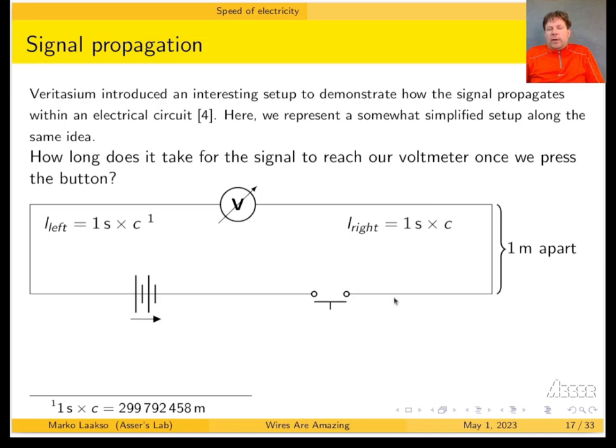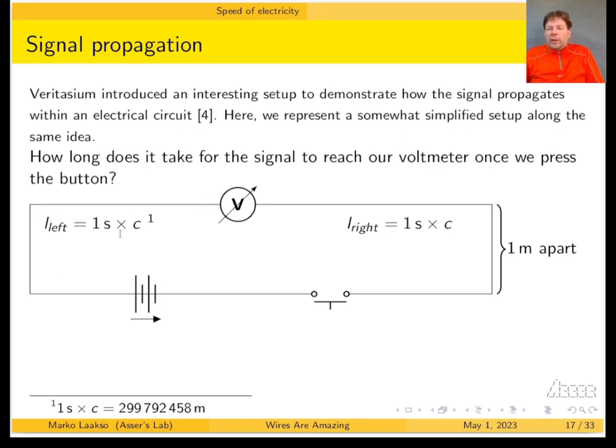The length of the wire is so long that it takes 1 second for the signal to reach the voltmeter, and the same holds for the other side of the circuit. So it takes 1 second for the signal to travel this part.